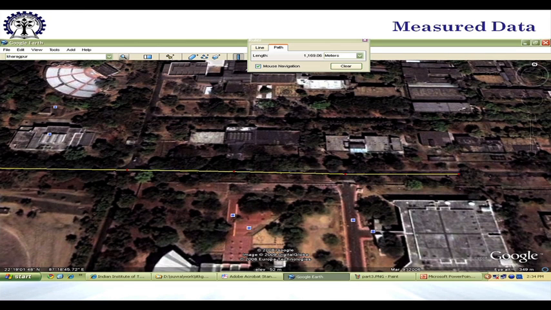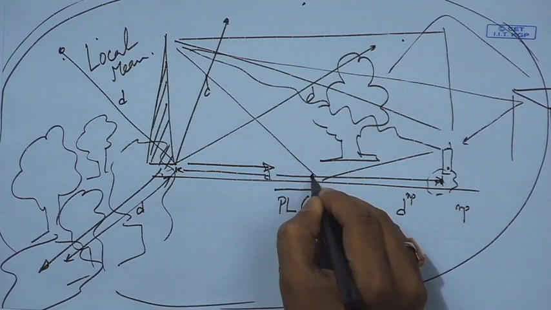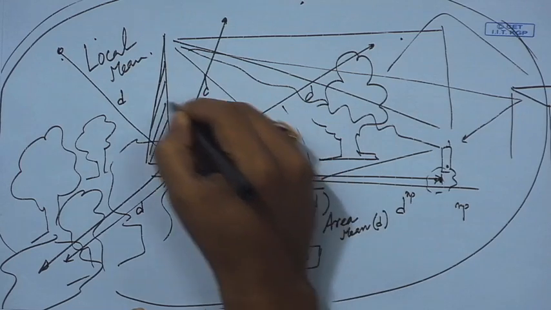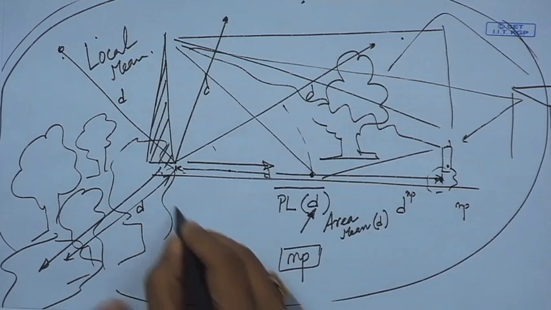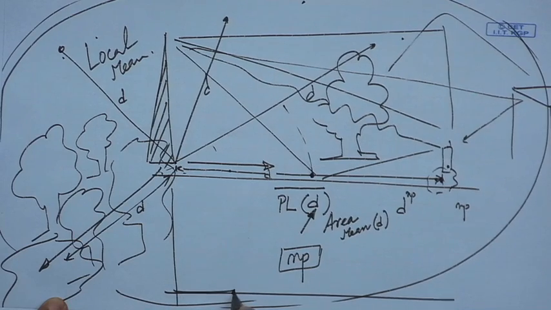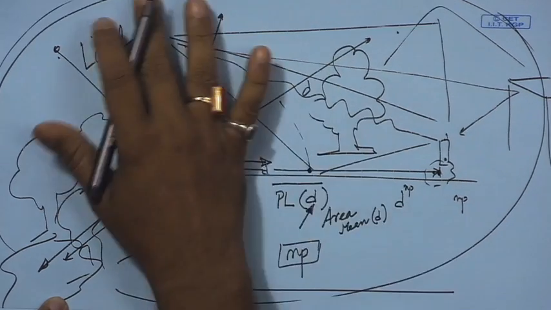Going back to our figure here, once we do it for one distance, we would repeat the same exercise for another distance across this, and then at another distance. The end result is, as we increase the separation distance, at this separation distance there is a certain received signal strength average across the whole area.